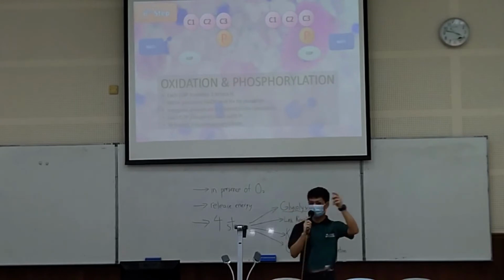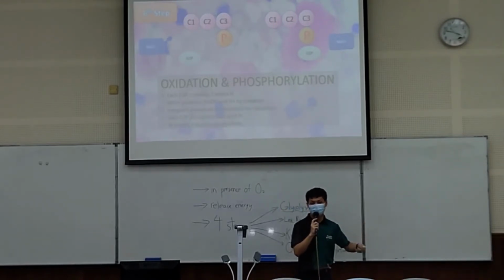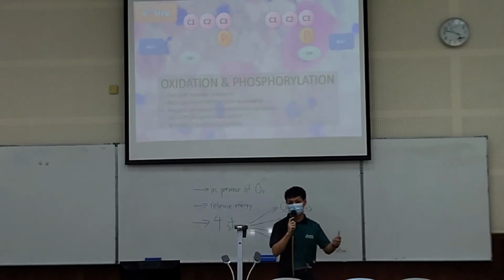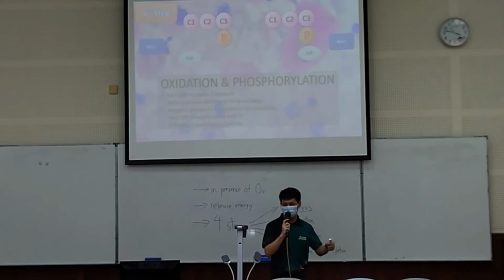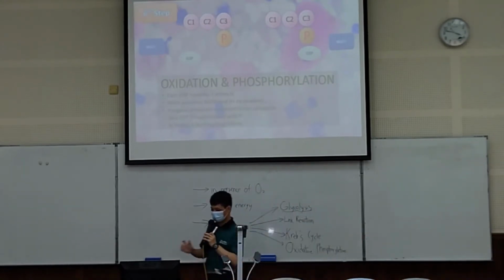There are actually 2 NAD+ here. Why are there 2 NAD+? Because there are 2 G3P there. Each of the G3P is going to transfer 2 hydrogen atoms to the NAD+, forming 2 NADH and 2 H+. Let me show you guys the animation.